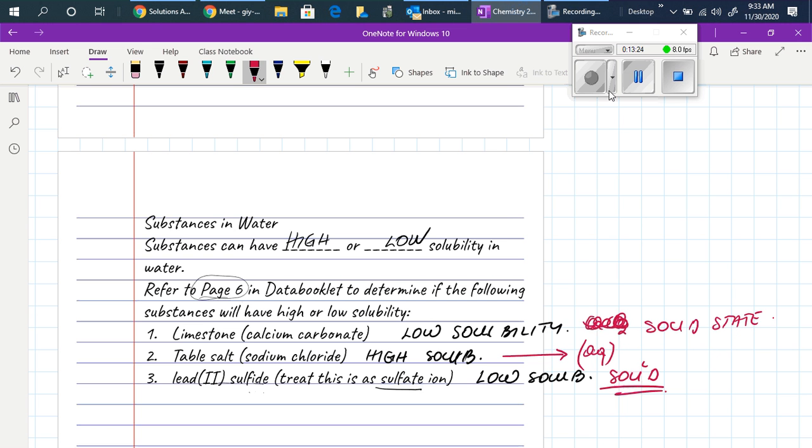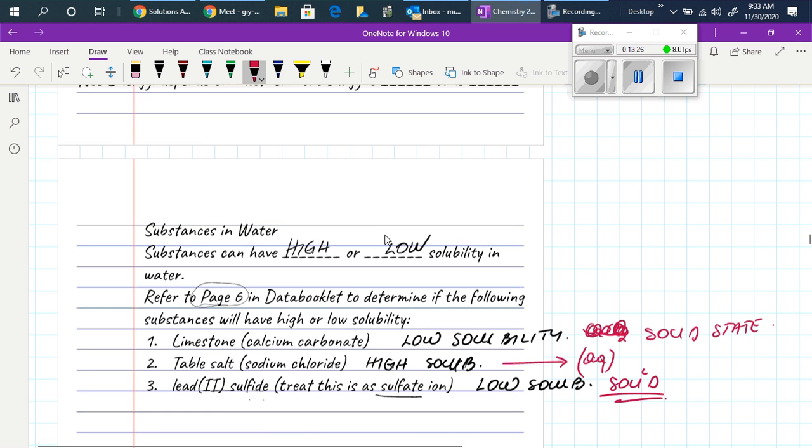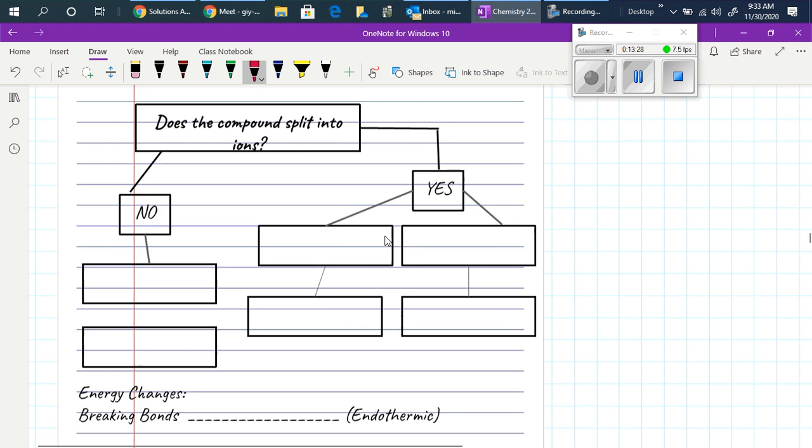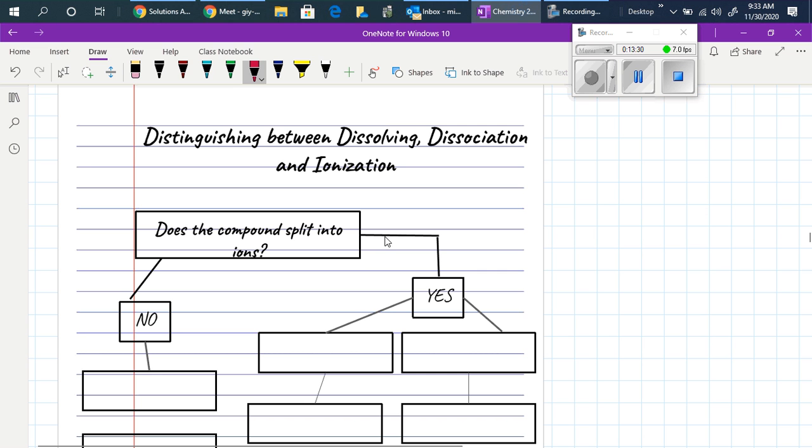Okay. Now we talked about all those three things that we have to take into consideration: dissolving, dissociation, and ionization. But how can we make it so that we know which one is what? So let's see now. The flowchart that helps to distinguish between dissolving, dissociation, and ionization is this one here.